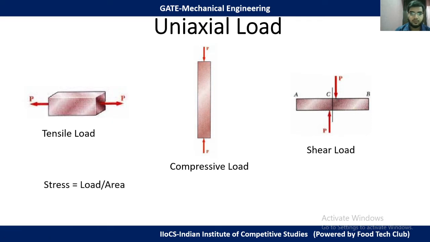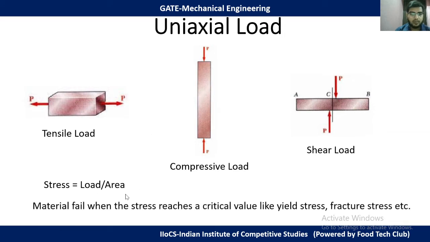The stress can be found out by load by area. When this stress reaches a critical value, like yield stress or fracture stress, then the failure of the material occurs.